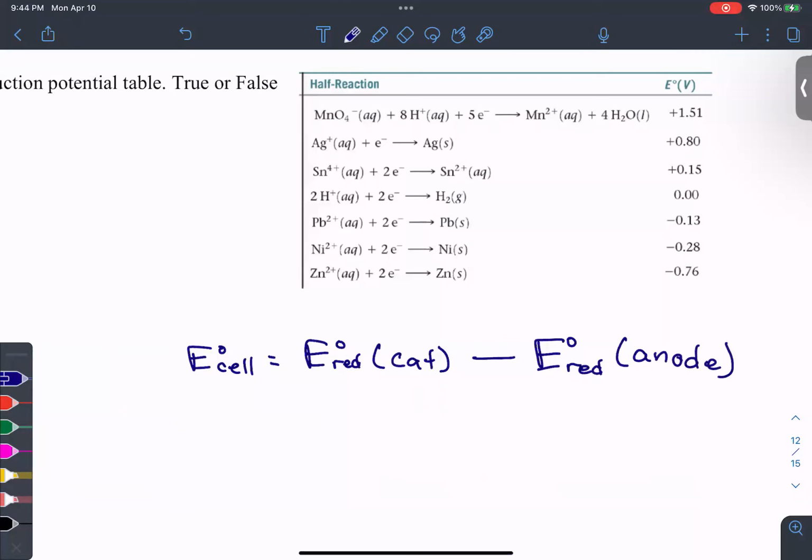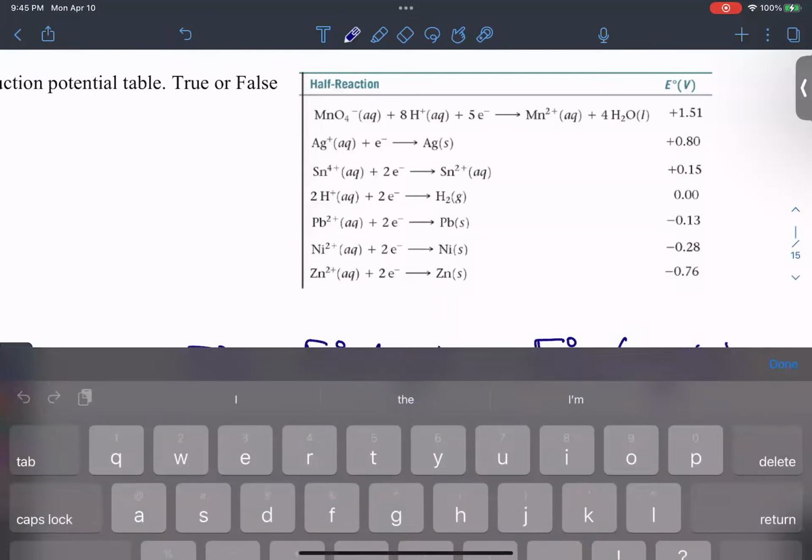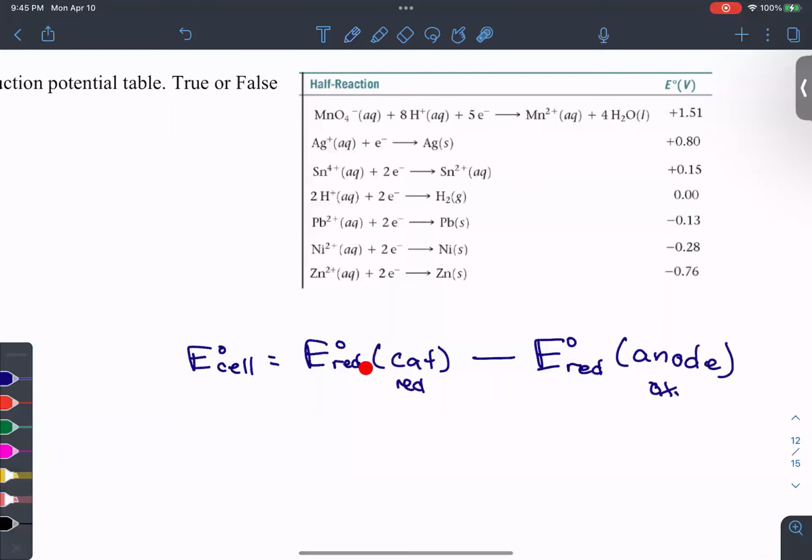So what kind of reaction is happening at your cathode? Reduction, and then at your anode, oxidation. Just memorize that, red cat and ox. Reduction is at your cathode, oxidation is at your anode. So once you've identified what is being oxidized and what is being reduced, you know what reaction's at your cathode and what is your anode.